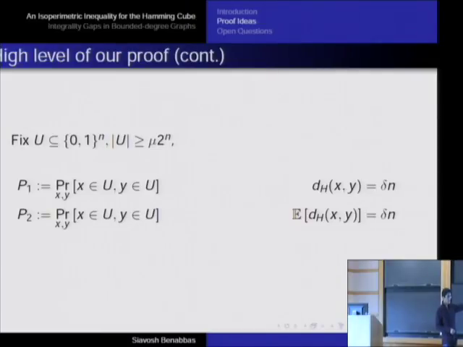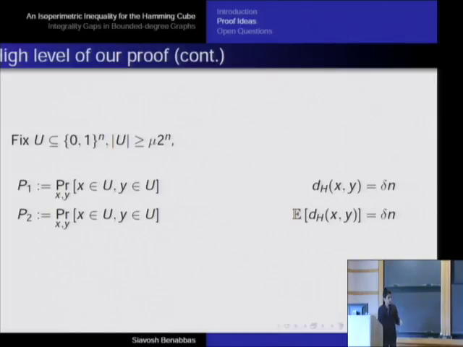So we show that the difference of these two probabilities is little o of 1. So if you get a lower bound here, you get a lower bound there. And even if you get an upper bound here, you also get an upper bound there. So they're very close. Now these two probability distributions are not close, say, in statistical distance or anything like that. But we can show that the two probabilities are close.